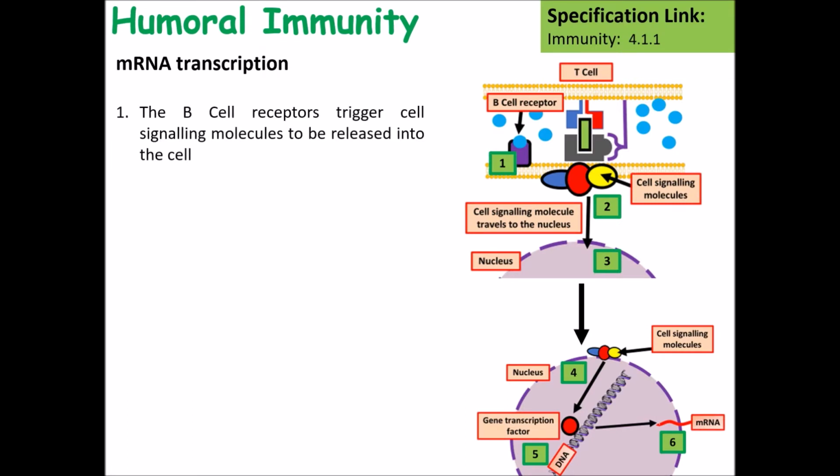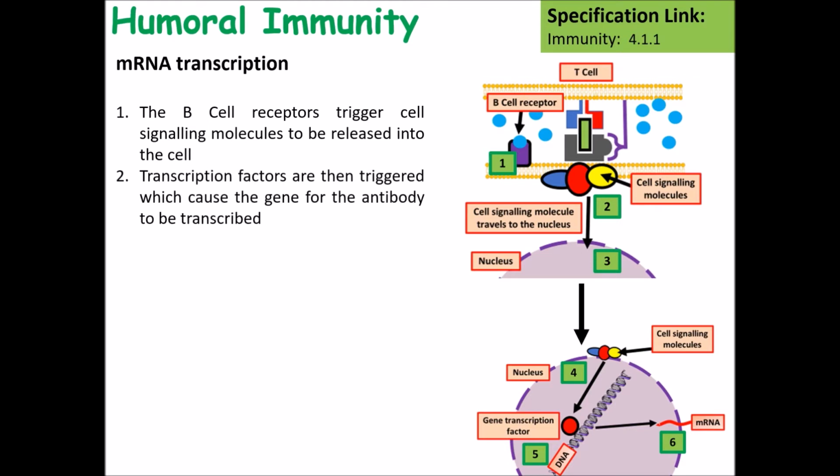The B cell receptors trigger cell signaling molecules to be released inside of the cell. These cell signaling molecules can often be transcription factors. Transcription factors are then triggered, which cause the gene for the particular antibody to be transcribed inside of the cell.